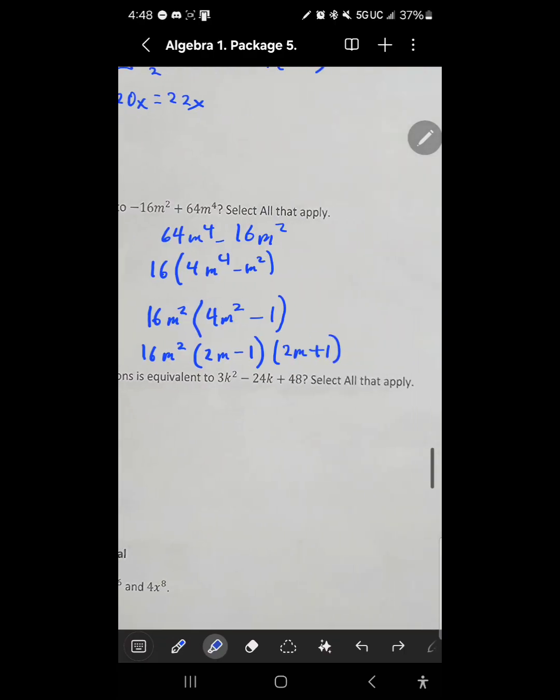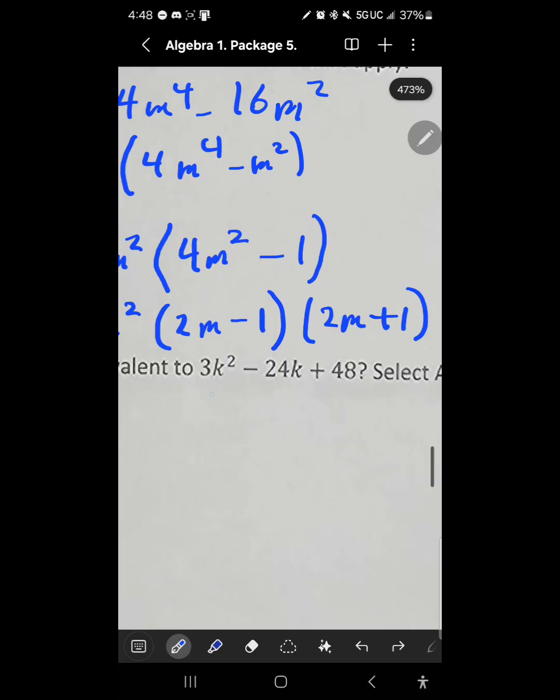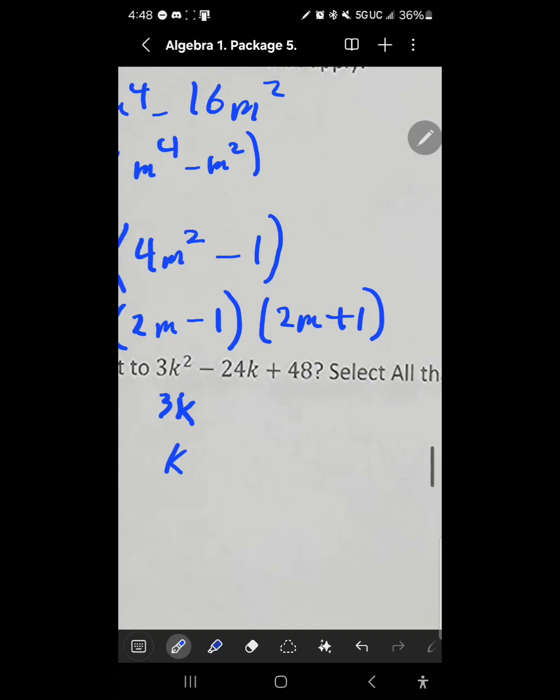Now, which of the following expressions is equivalent? Let's see. The numbers here will be 3k and k. So 3k times k is 3k squared. Now here, we do have a negative number, so we're looking for two negative numbers. Now, for a, it could be, no, no. Oh, okay, I forgot that we have the 3 here.